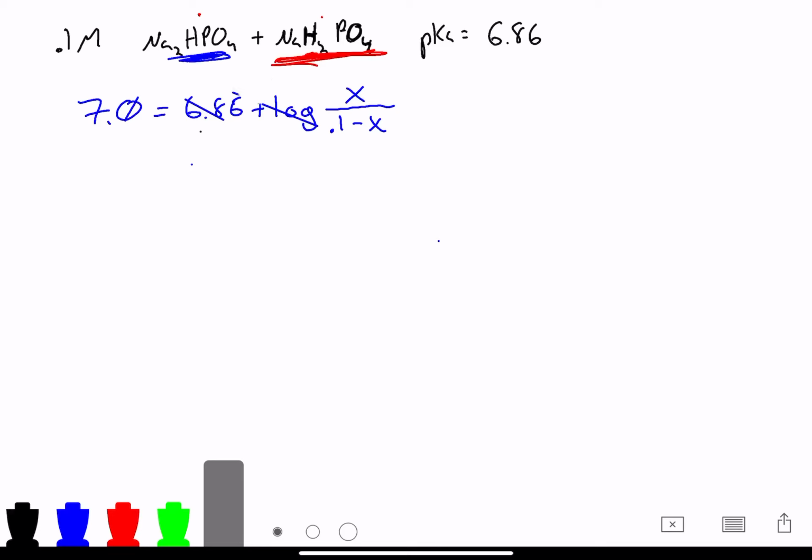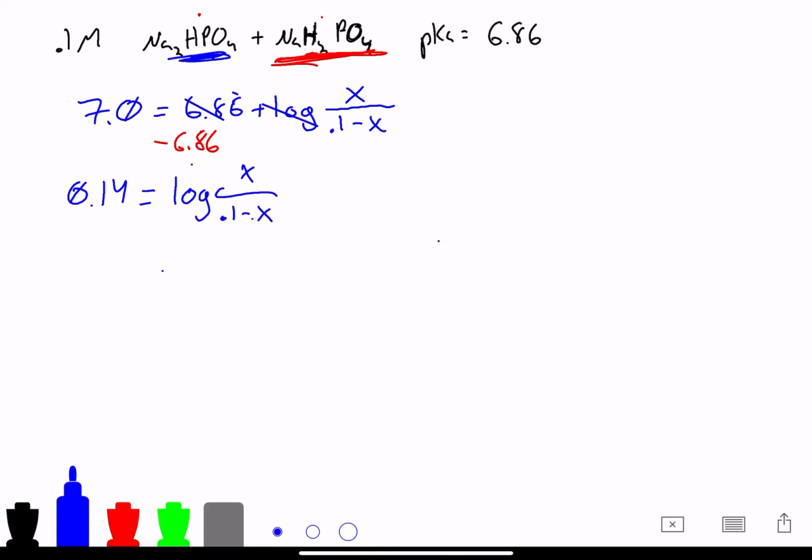So the first thing I would do is subtract 6.86 from each side, which is going to give me 0.14, because 7 minus 6.86, and that's going to equal the log of x over 0.1 minus x.